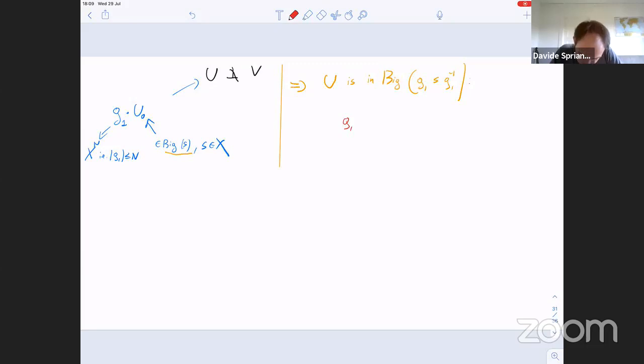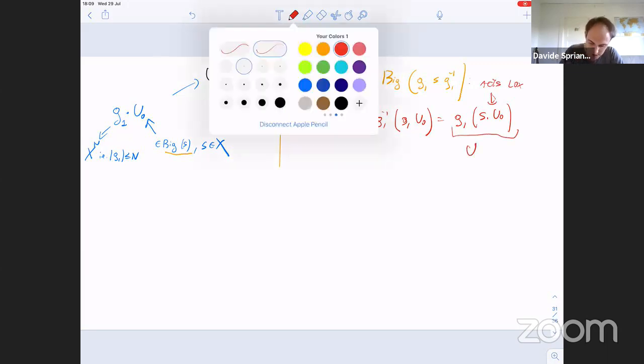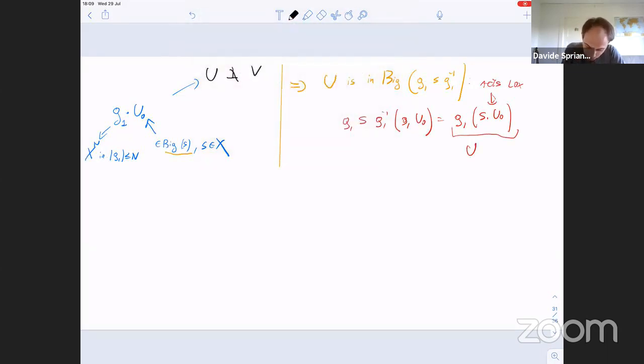Ah, no. G1 S G1 minus 1 of U, and U is nothing but G1 U0. This is G1 of S applied to U0, and this acts loxodromically, and then these just go back to U. And so we are basically just acting on U in the same way as S acts on U0. Okay, this is not a real proof, but this is somehow something hopefully more or less standard.